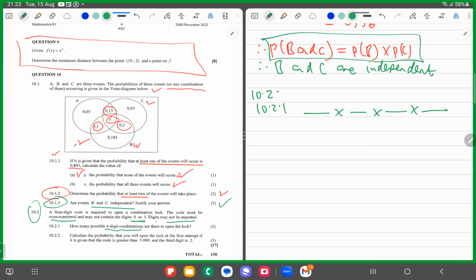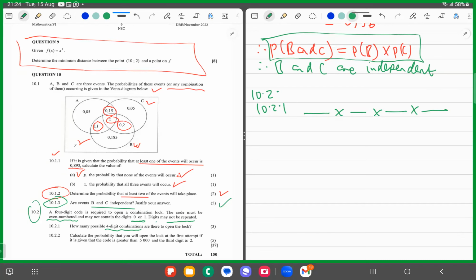You need to look at the fact that it must be even numbered, but also may not contain the digits 0 or 1. So you need to make sure that 0 or 1 are out and digits may not be repeated.